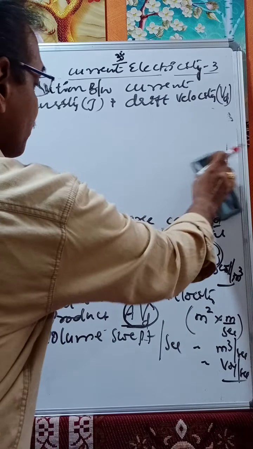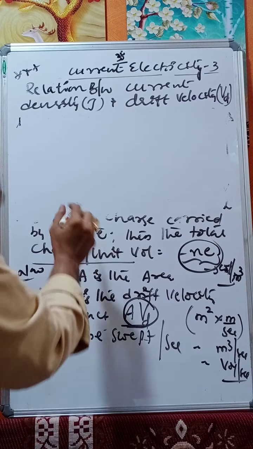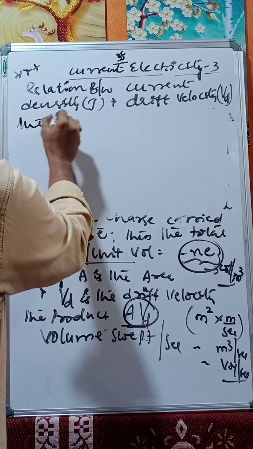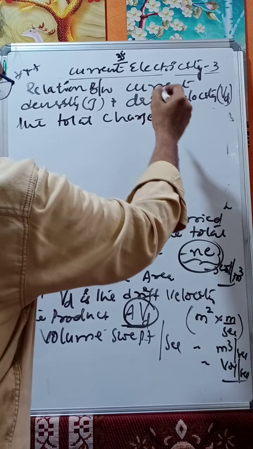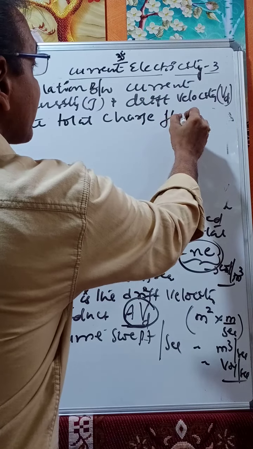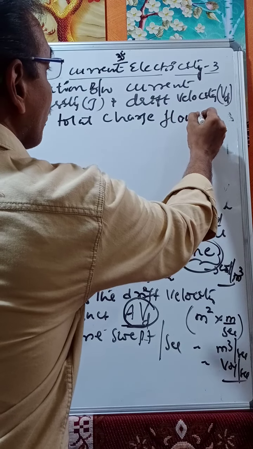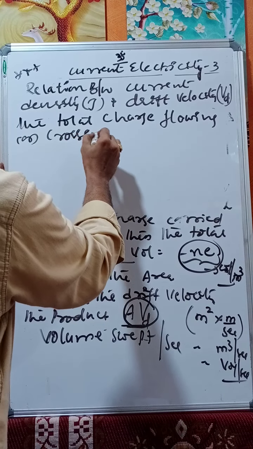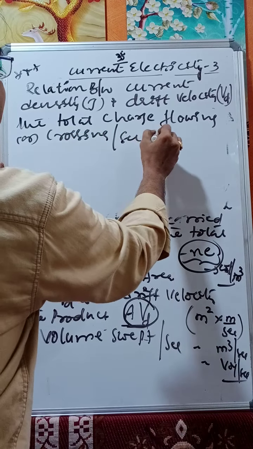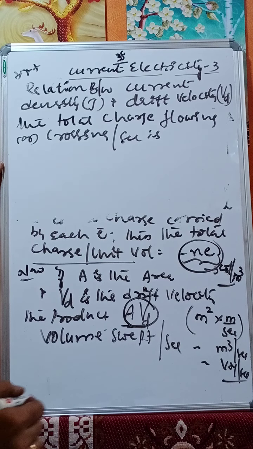If you multiply both of these, what do we get? Then the total charge crossing per second. How can we get the total charge crossing per second?